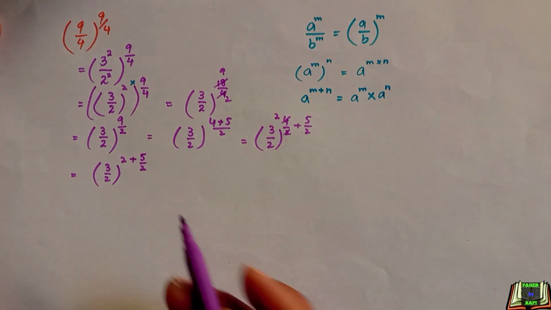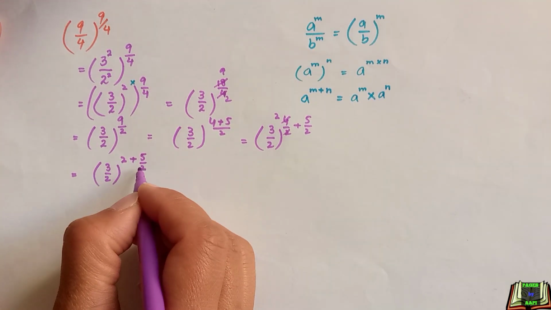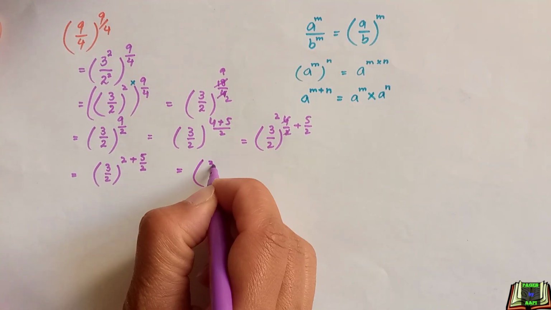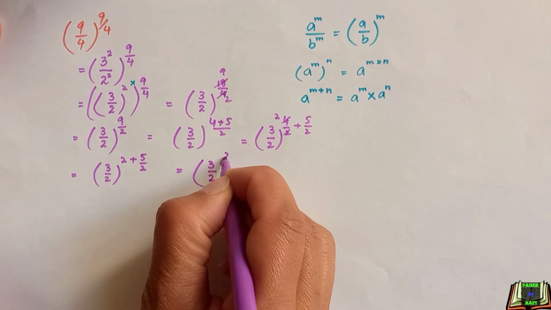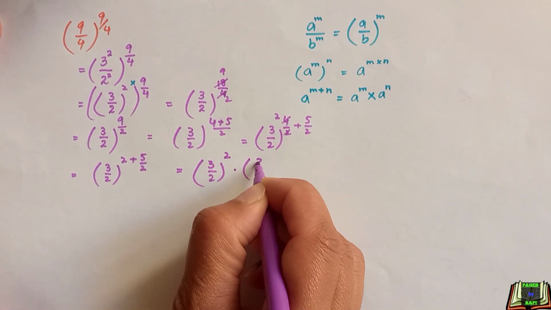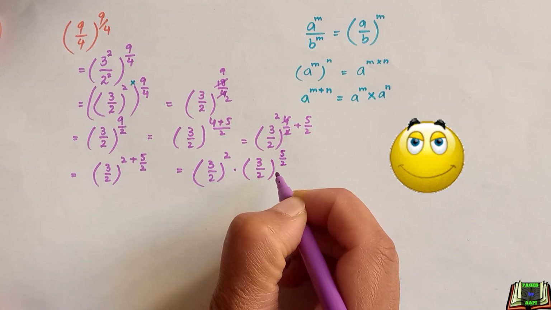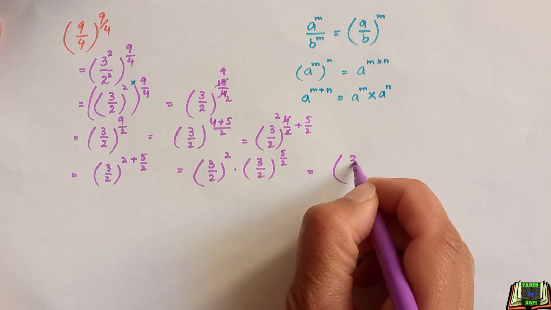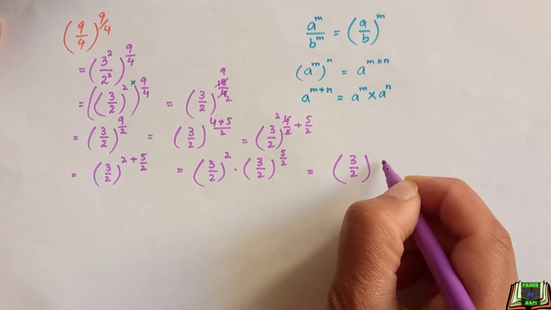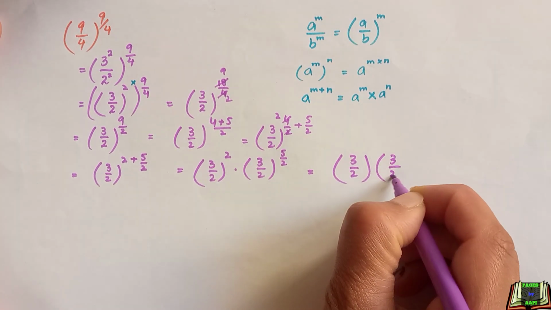We can write it as (3 divided by 2) to the power 2 times (3 divided by 2) to the power 5 divided by 2. And this 5 divided by 2 is the same as 1 divided by 2 times 5.